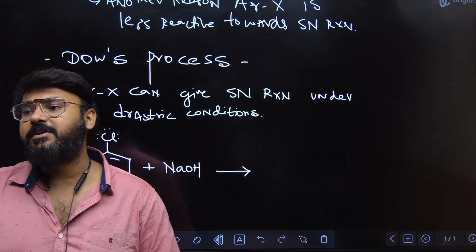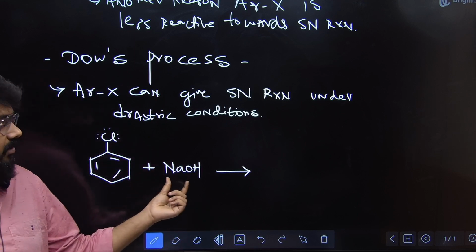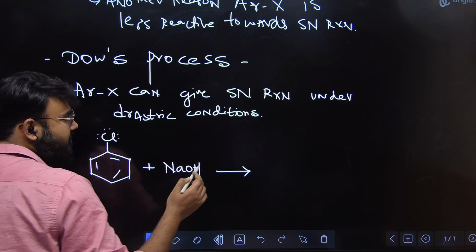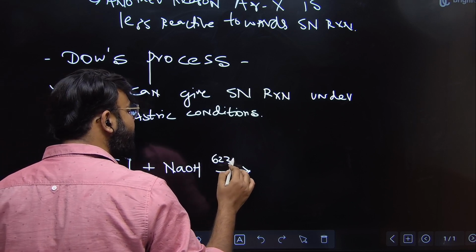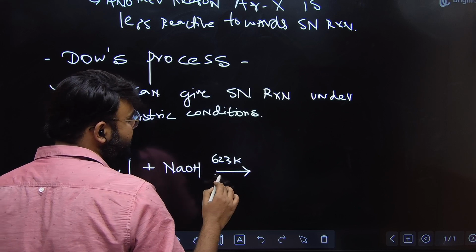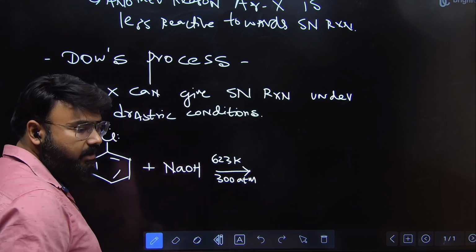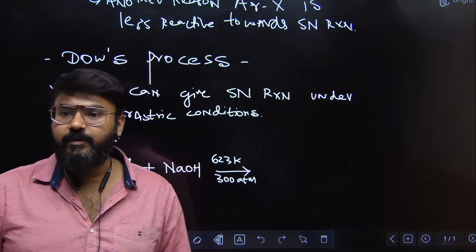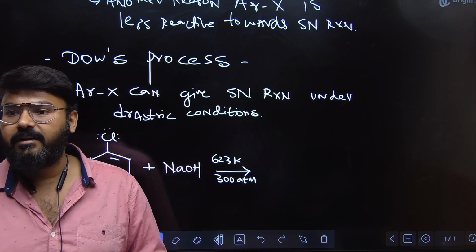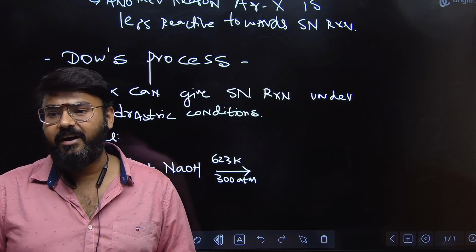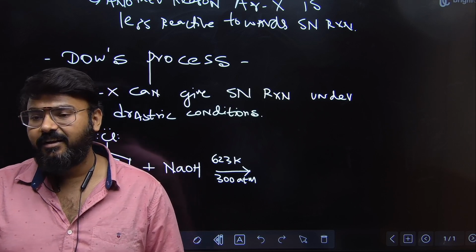Advitya, can you tell me what the temperature and pressure conditions are for carrying it out? Yes, 623 Kelvin, and the pressure is how much? Very good, 300 atm. You know where you find this pressure? Where the submarines dive into the ocean. That is the pressure, 300 atm, deep in the ocean.